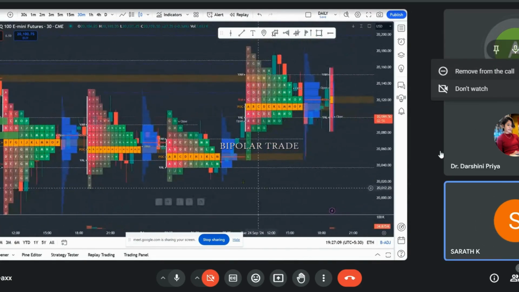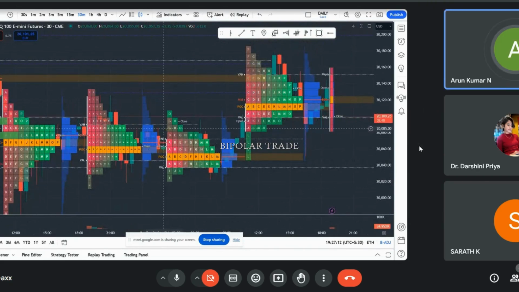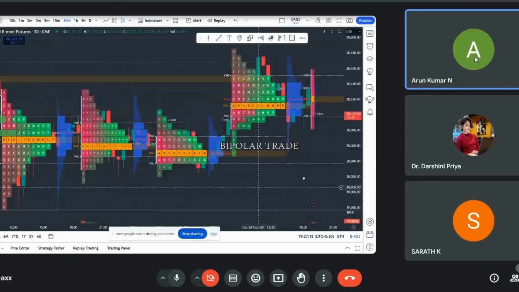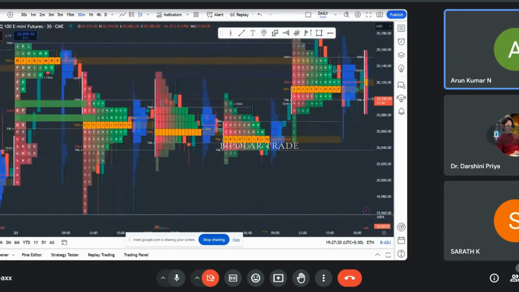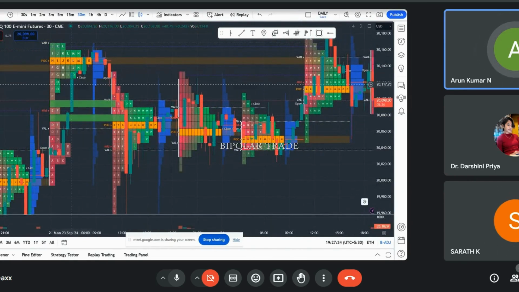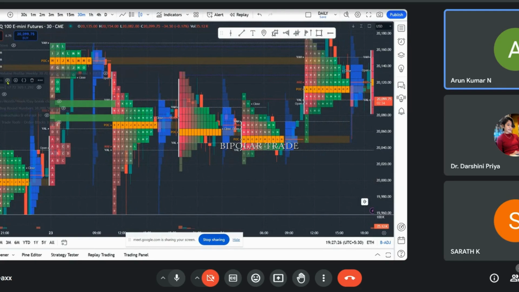So this profile I made into split ways, that is Asia section, London section, and now the current running one is the New York section. If you go by today, I used to see two types of profile. One is the daily profile.